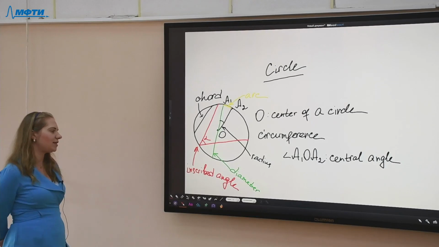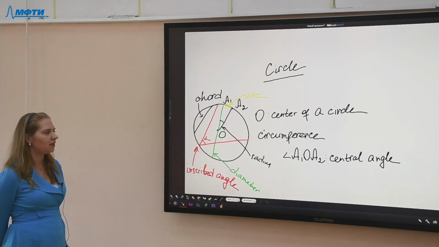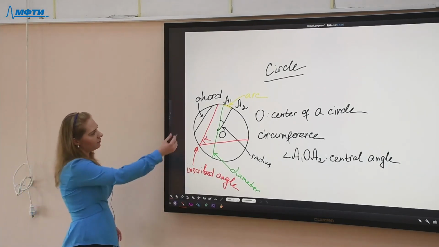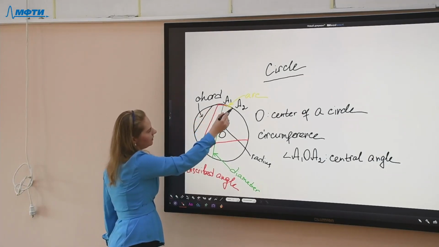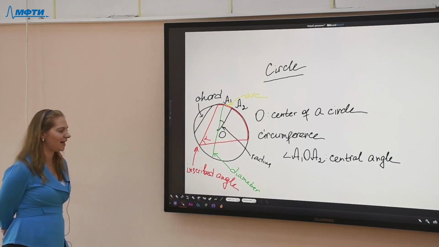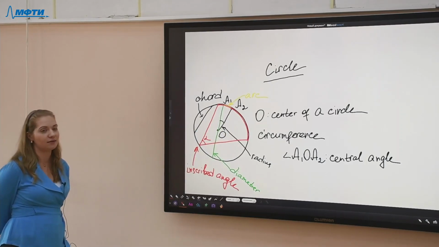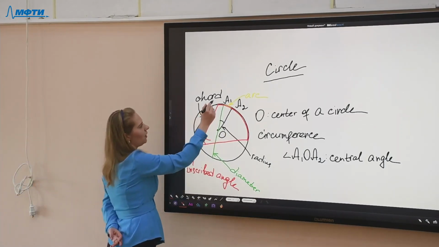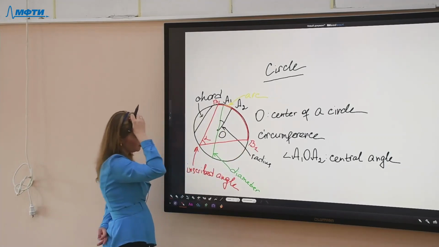And if we are talking about inscribed angles, we can say that to each inscribed angle we have one and only one corresponding arc, right? For example, for this red inscribed angle, we have this red arc. And we say that this angle intercepts an arc, this arc B1B, for example.